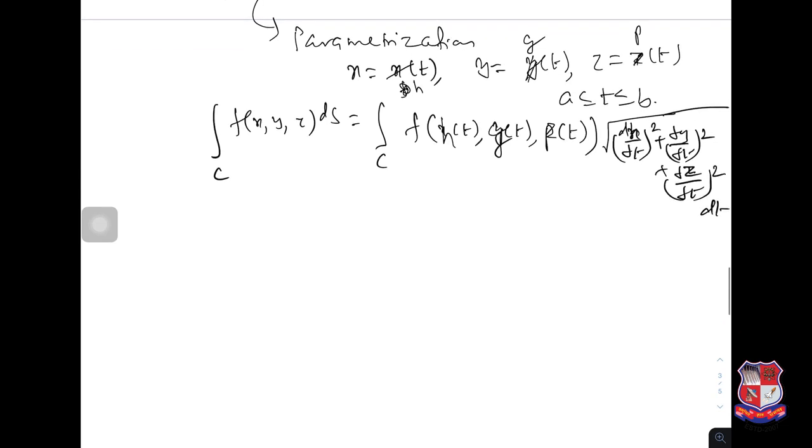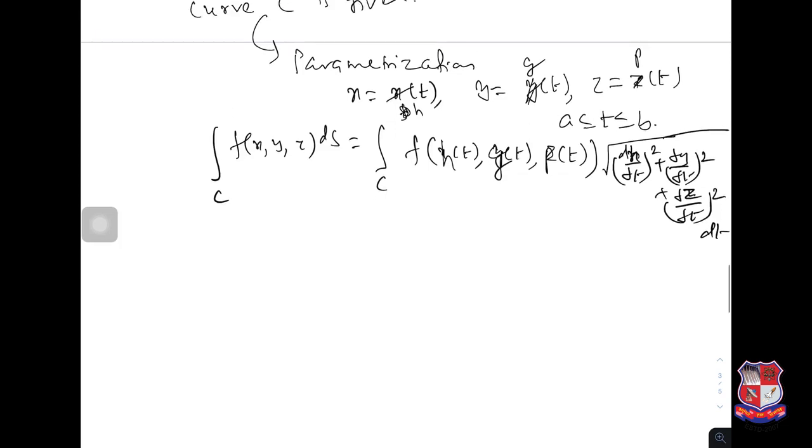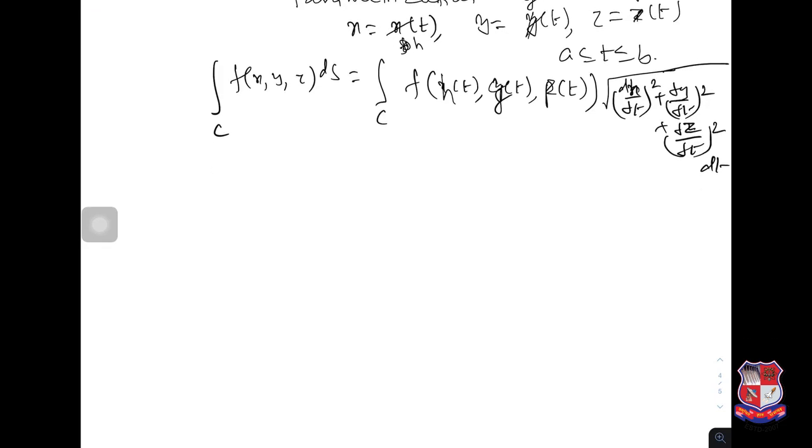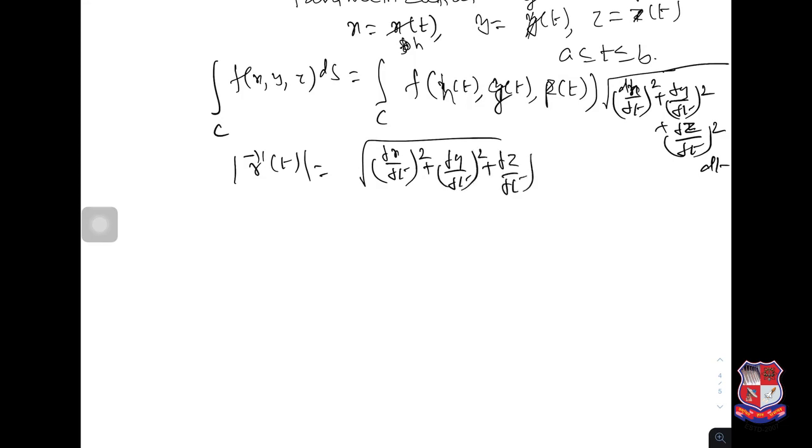So basically you are having same way, only one dimension is extra. We take one example here. Here also you can say r, this magnitude of r dash t as root of dx by dt square plus dy by dt square plus dz by dt square. So let us take one example.